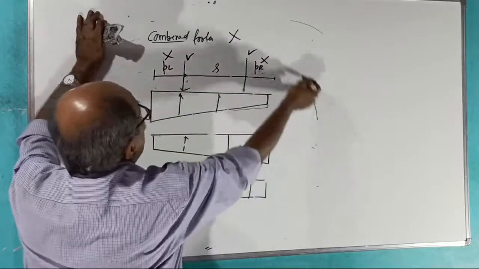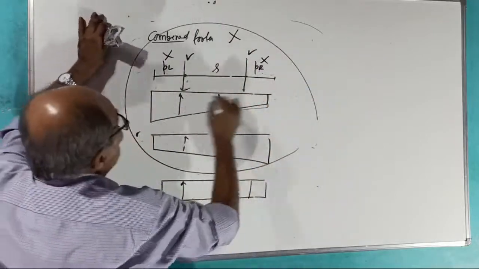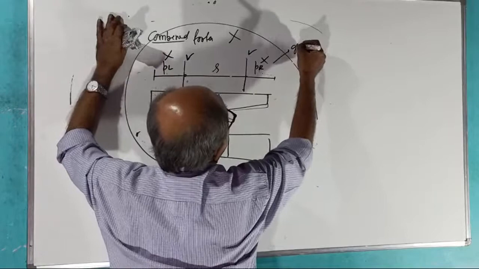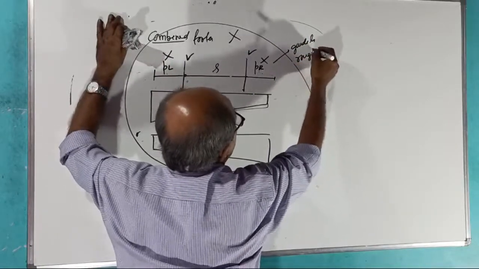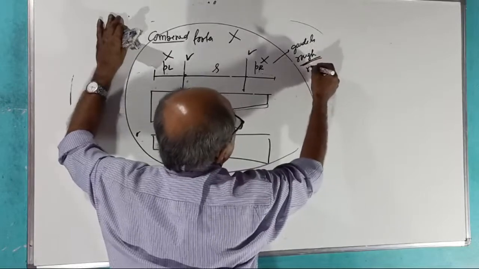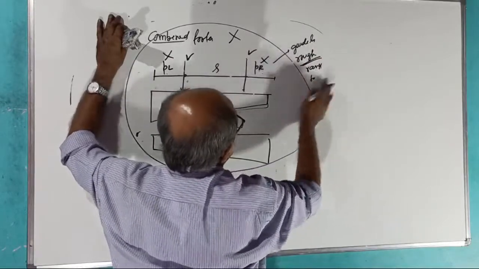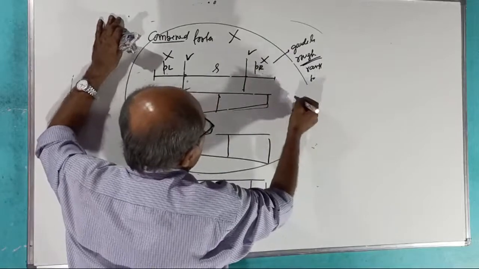But overall, it can give a guideline or some rough range. The rough range for PL or PR is what?